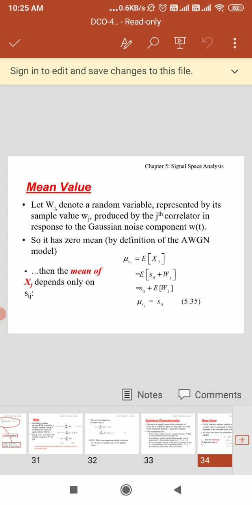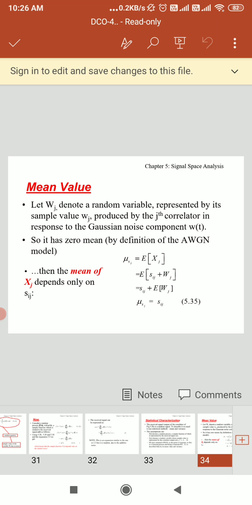So here when we are supposed to talk about the statistical representation of the signal, at that time we are supposed to see its mean value. If we are taking x of t as the random process and xj as the random variable, we can say capital Wj will denote a random variable.